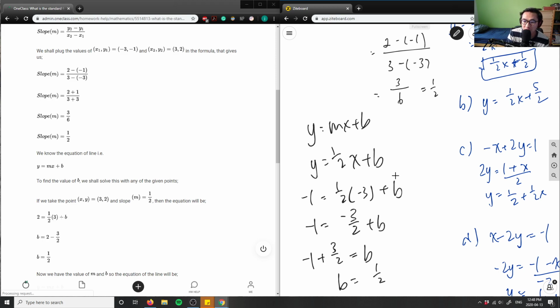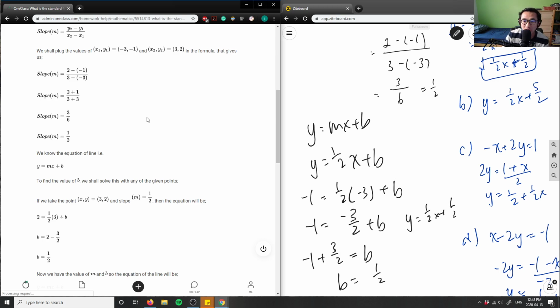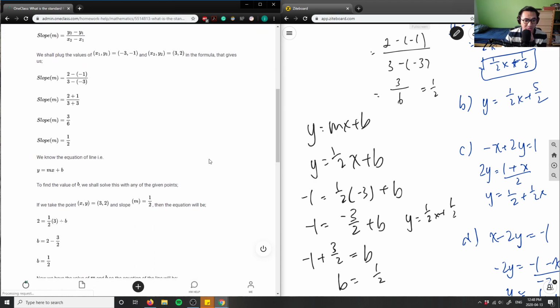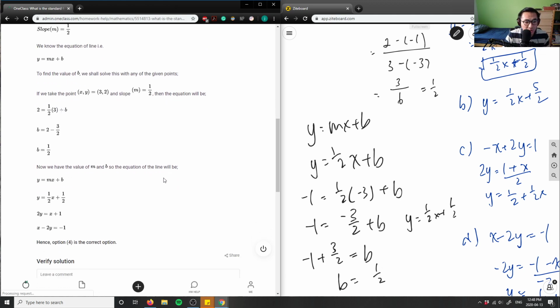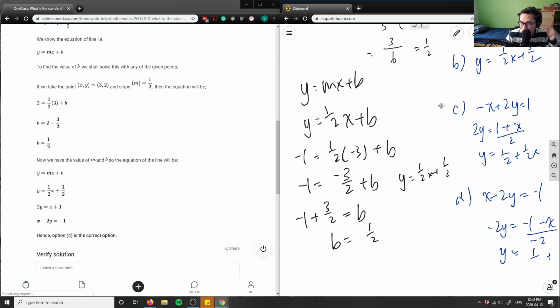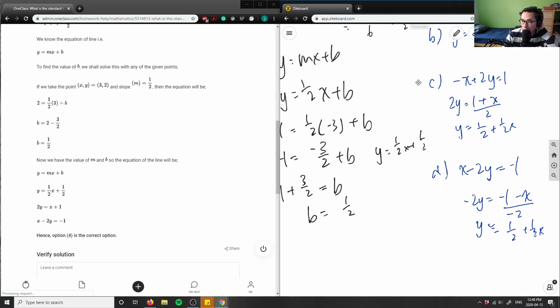So in this case, my equation here is y equals half x plus half, right? So that's going to be my y-intercept equation here. And so b equals half. So we have this sort of equation here. And then what I did was I actually converted all of these into y-intercept form, but you could convert this into a standard form, right?